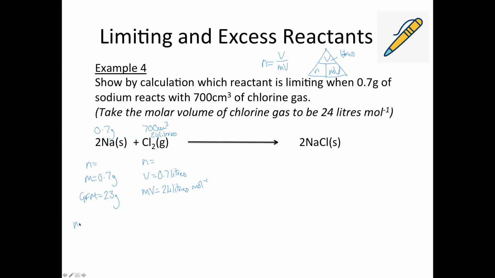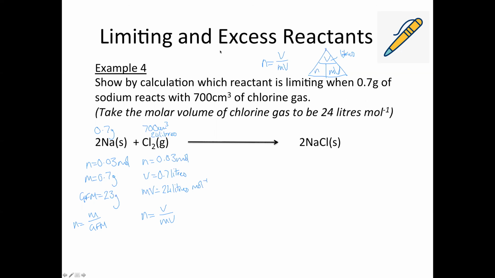So for the number of moles for the sodium, it would be m over GFM, which if we were to put in a calculator would give us 0.03 moles. And then for the number of moles when it's the molar volume relationship, that's V over MV, so 0.7 divided by 24, which would also give us 0.03 mole.